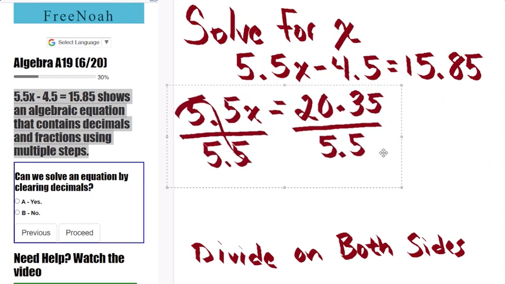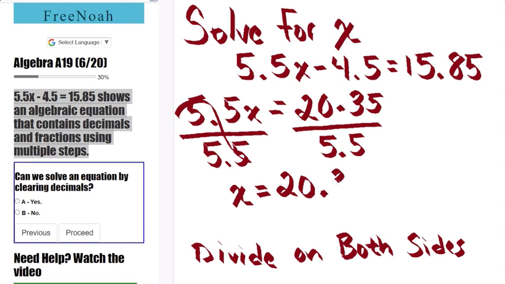We can rewrite this statement: x equals 20 and 35/100 over 5 and 5/10. We can actually leave it at that. At this point, we already solved for x.